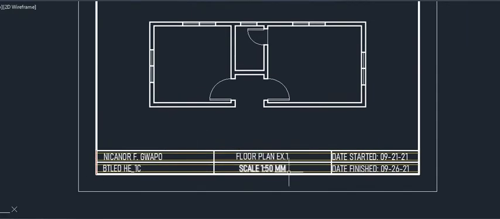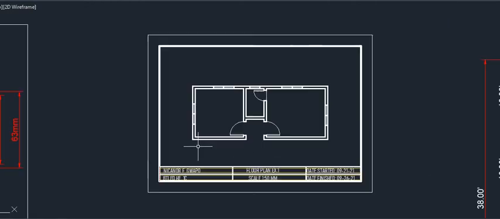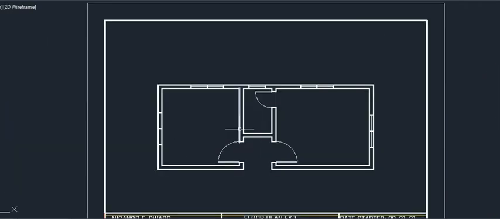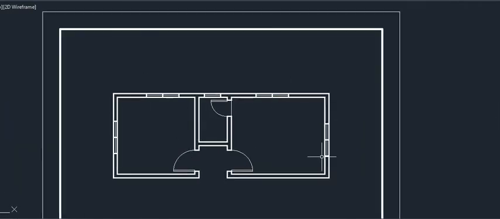Okay, after having our title block, we now proceed to the drawing of our given exercise 1 floor plan.